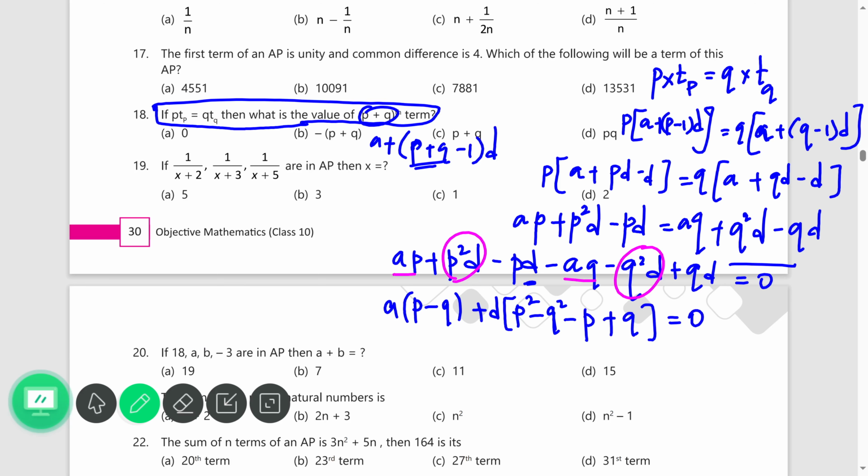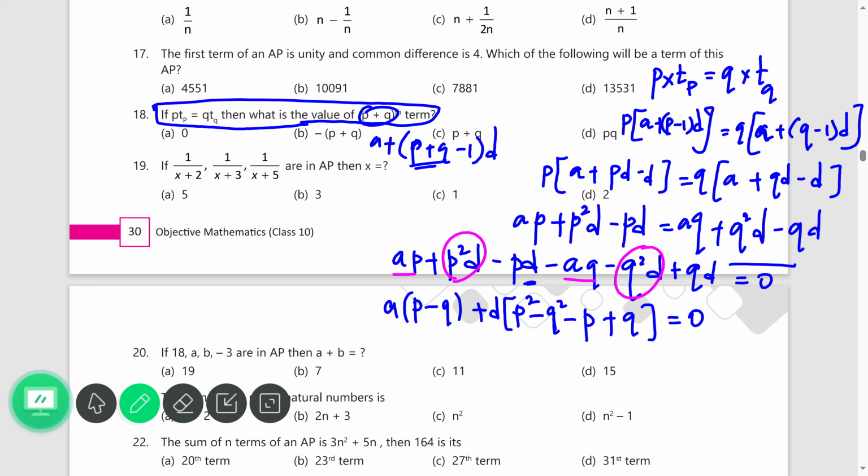Understand? Now I want to bring P minus Q inside the bracket. A into P minus Q plus D into, also I need just A. Here P minus Q is multiplying, then P minus Q we have to take commonly outside.